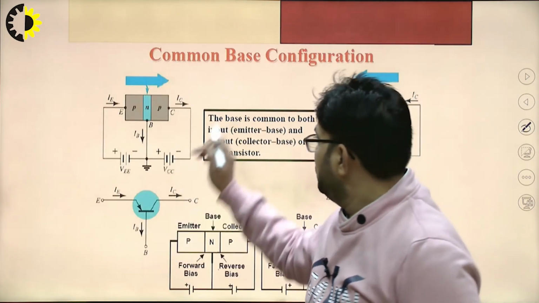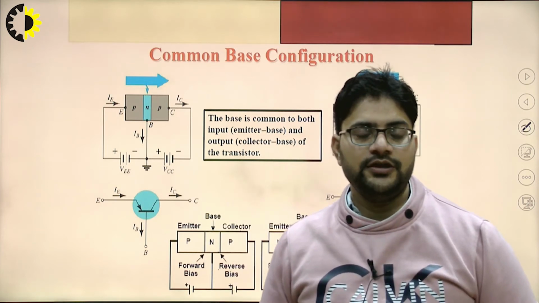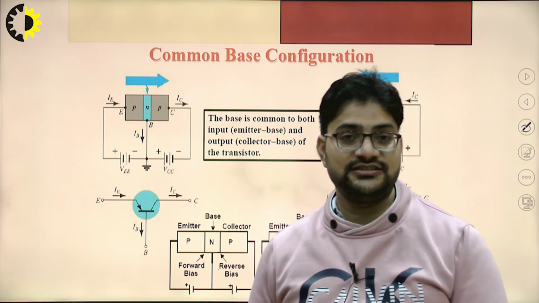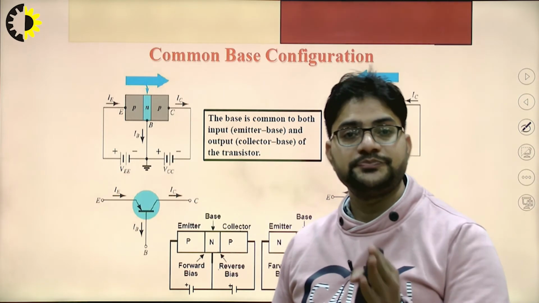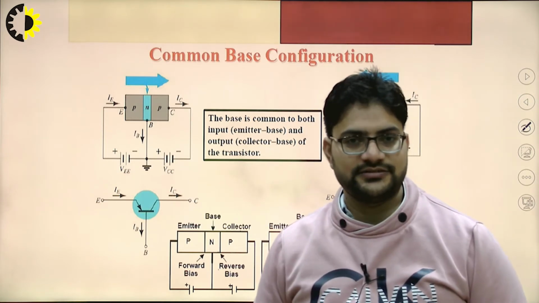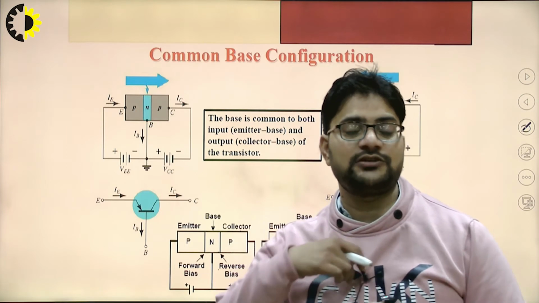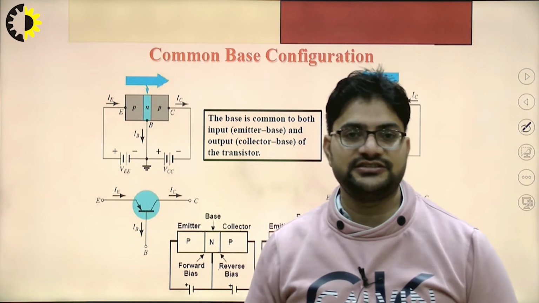Now, common base configuration. First we have to discuss how we decide whether it is common base, common emitter, or common collector. Based on the input, output and common side, we divide the transistor into 3 different categories.